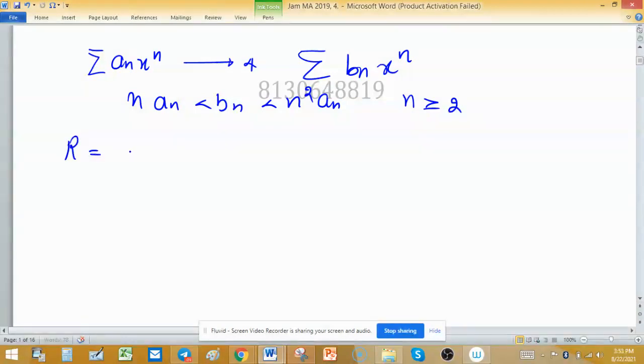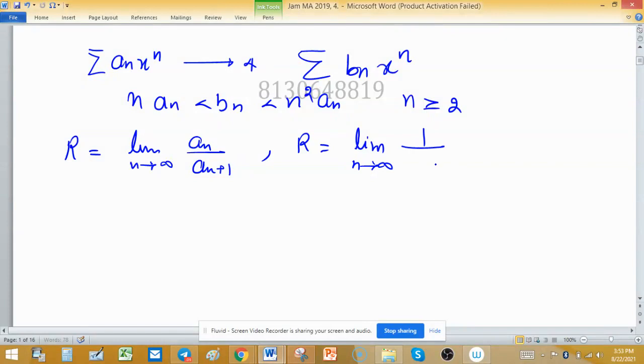The radius of convergence r can be found as the limit as n tends to infinity of |an / an+1|. The second one we can use is the limit as n tends to infinity of 1 / |an|^(1/n), and the third one is r equal to the limit superior of 1 / |an|^(1/n). So these three formulas we can use to find the radius of convergence of this power series.